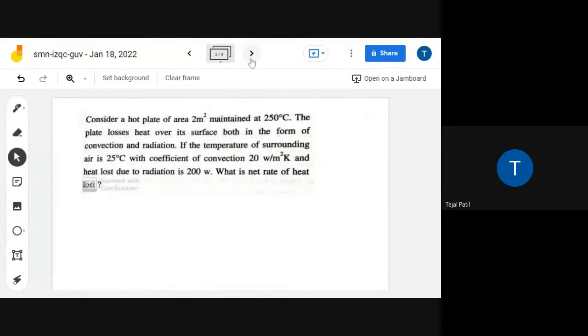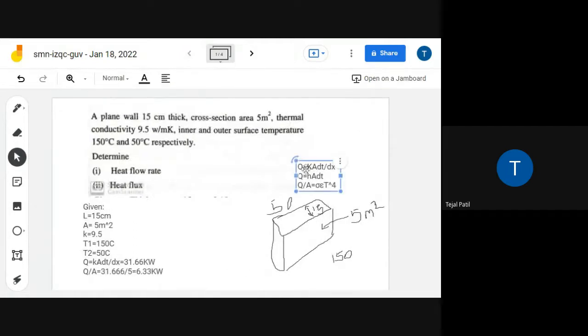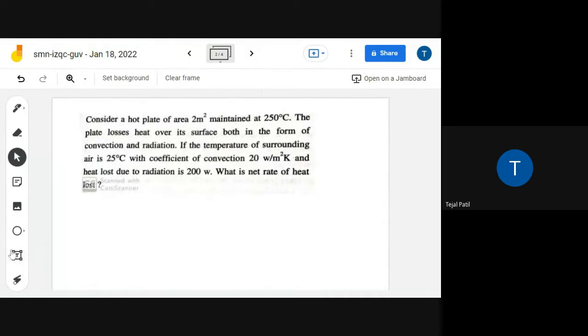Okay, next one is convection. Now you are supposed to use these formulas again. So what is given? Consider a hot plate of area 2 meters square. The area is equal to 2 meters square.